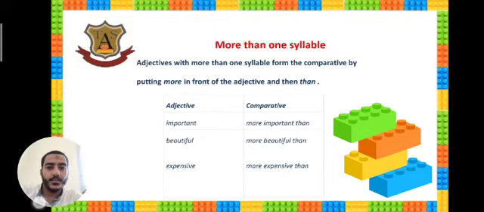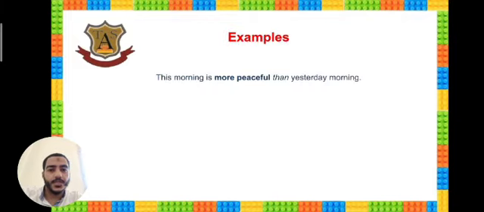Okay, let's see more examples of adjectives that have more than one syllable. The first sentence: this morning is more peaceful than yesterday morning.